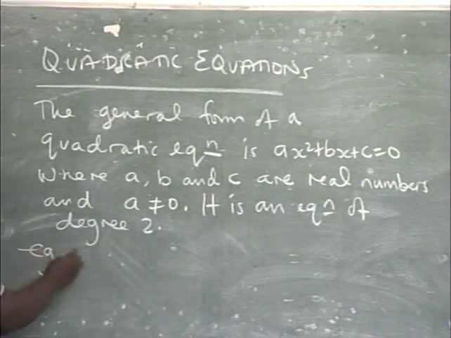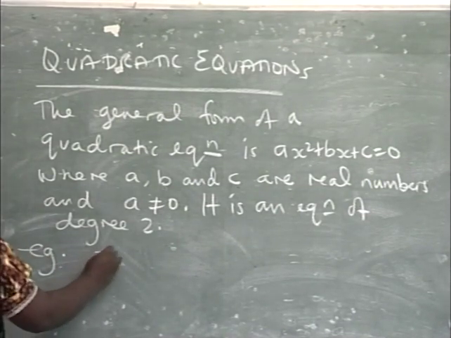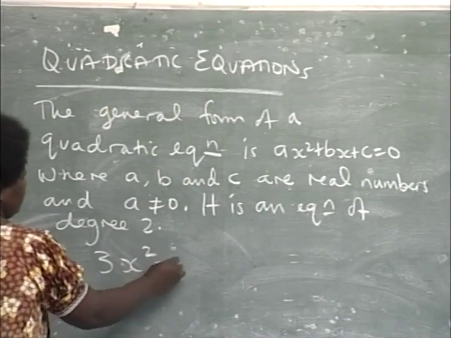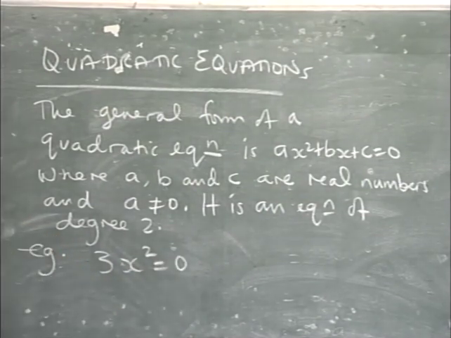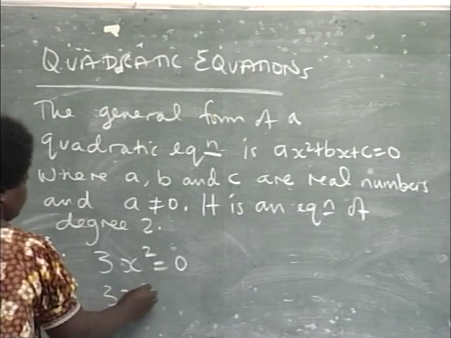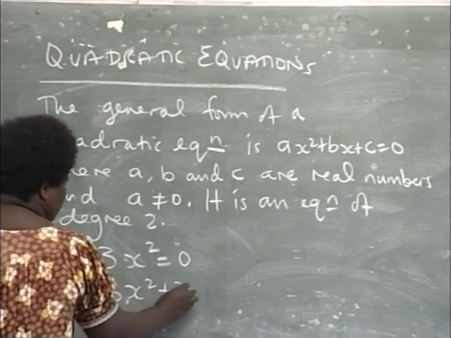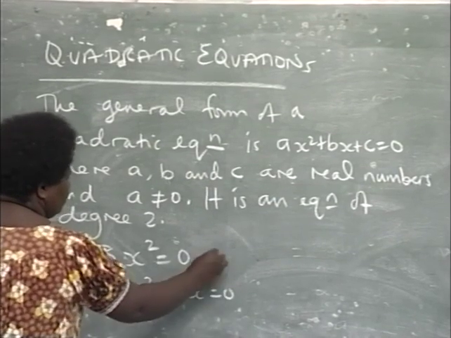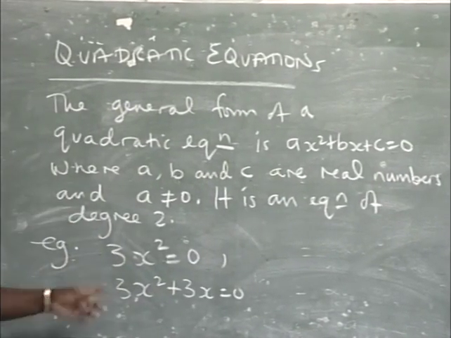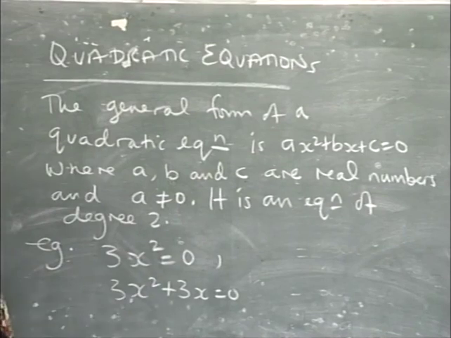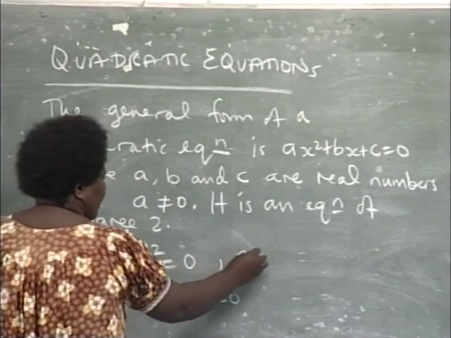For instance, I'm going to write 3 types of quadratic equations. 3x squared is equal to 0. 3x squared plus 3x is equal to 0. Note, please listen, if 3x squared is equal to 0, that means a is 3.